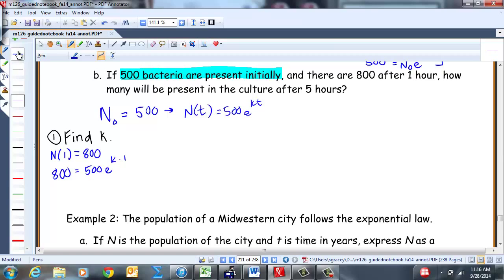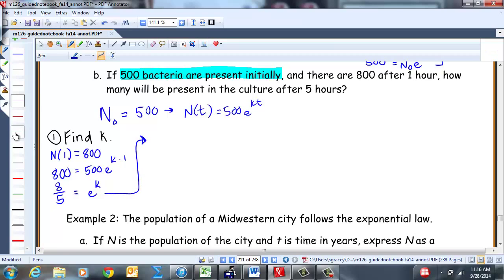So we divide both sides by 500 and we get 8/5, because the zeros divide out, is equal to e to the k. What do you think we should do next? Good.